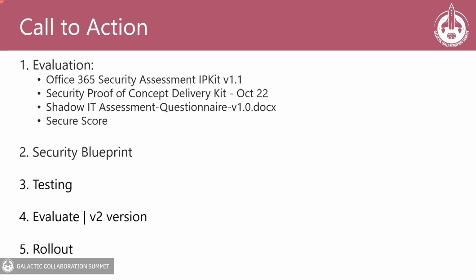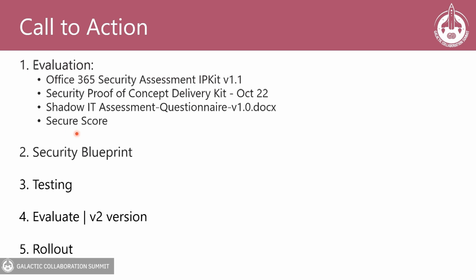Call to action, from my experience: the first step definitely is to get an overview of the scenarios. You can start with assessments Microsoft is offering, as you can see here on my slide, or even take the secure score as an idea of what's going on in the tenant and to find out which scenarios are relevant to focus on.